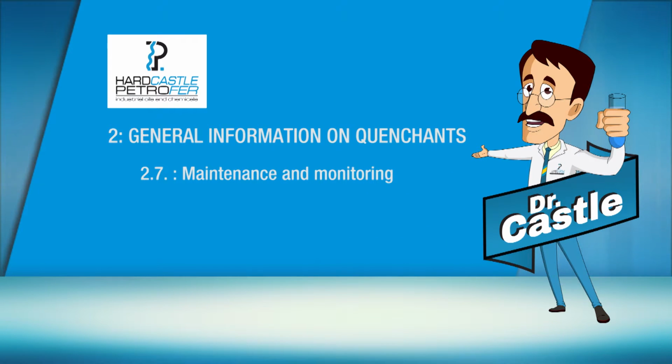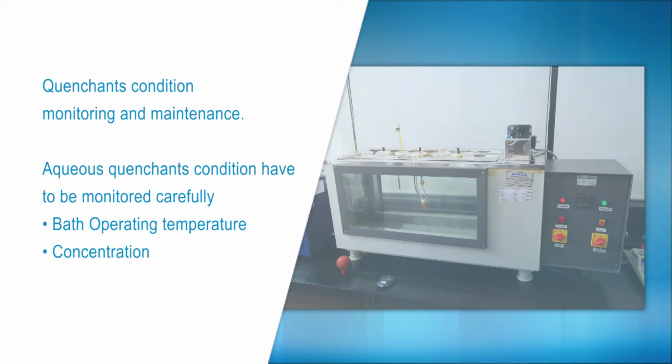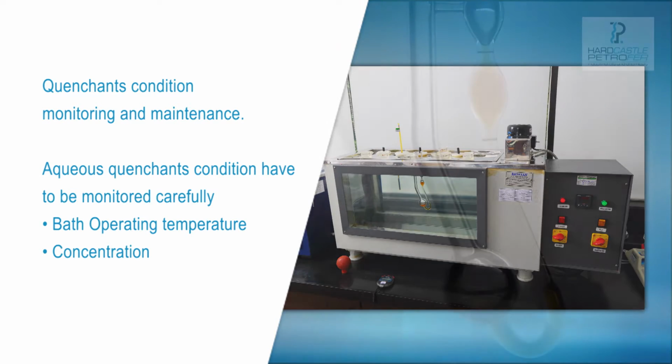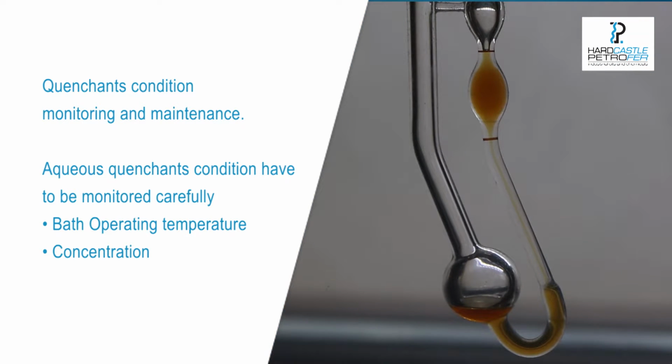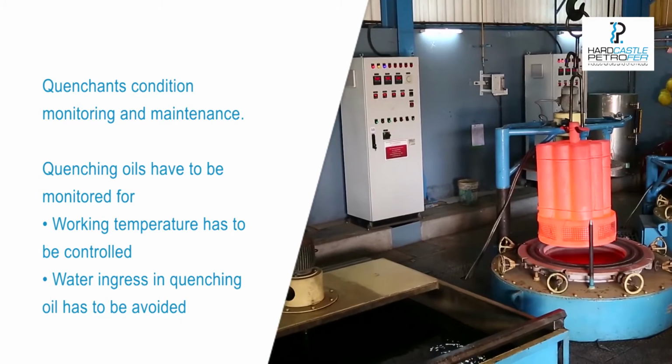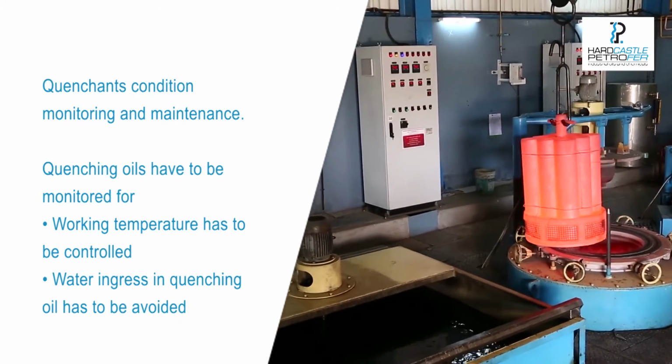Now, let's take a look at maintenance and monitoring. Aqueous quenchants must be carefully monitored with respect to both the operating temperature and the concentration of the solution. Relevant instructions have to be carefully followed to ensure successful result. Under normal operating conditions, quenching oils do not require regular monitoring.